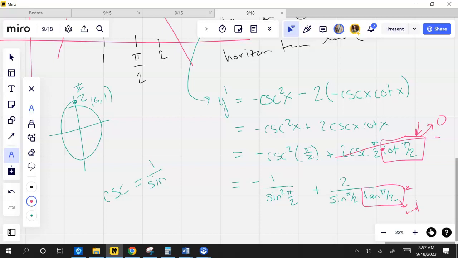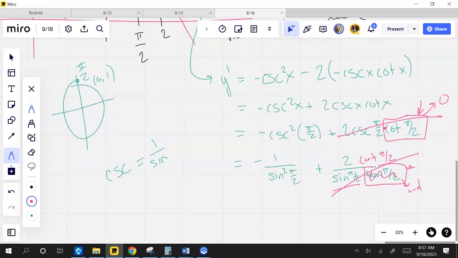Gone. Do you see why though? The cotangent of pi over 2 is 0, but 1 over tangent is still undefined because tangent's undefined. So that whole second half is 0 times anything, and I don't even care what it is.